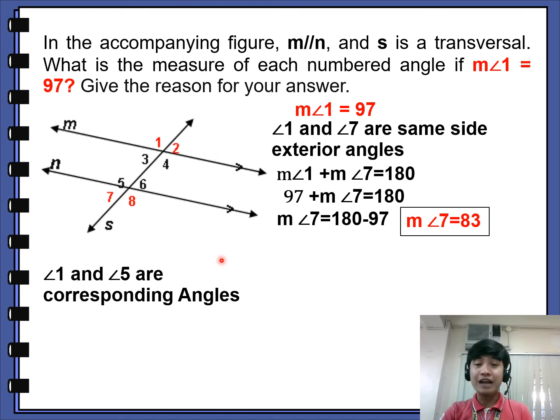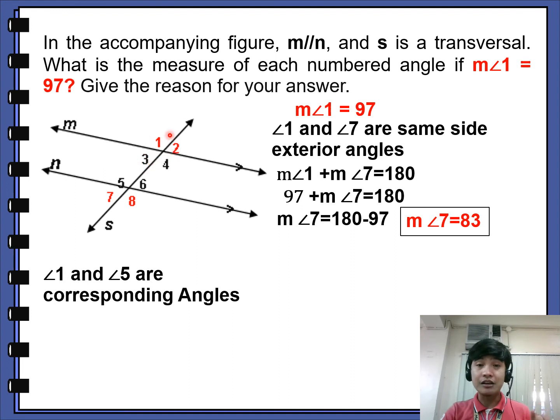Pag sinabi po natin corresponding angles, una, sila ay exterior at interior, hindi adjacent, at nasa isang side lang ng transversal. Ulitin natin. Si angle 1, nirelate natin kay angle 5. Okay? Ngayon, bakit po naging corresponding angle si angle 1 at angle 5?